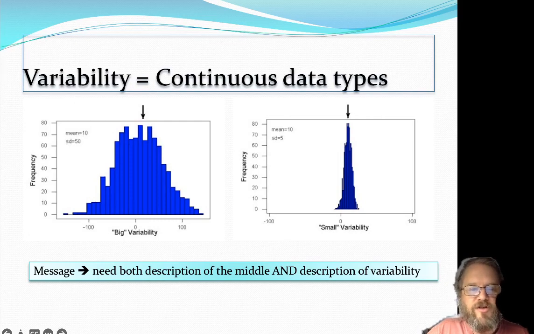So I did a simulation here, so the mean is 10 and 10, so the middle is the same, but clearly these are very different data sets, right? So I simulated a larger standard deviation, which is a measure of variability, 50 versus 5, and so of course the spread of points is much greater here and much less here. So the basic idea then is when you're describing data, at minimum you need to talk about the middle and the variability about the middle.